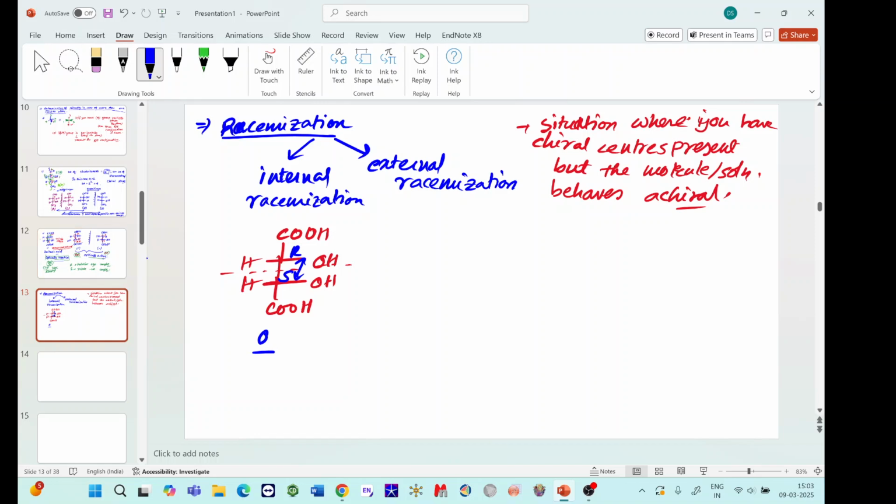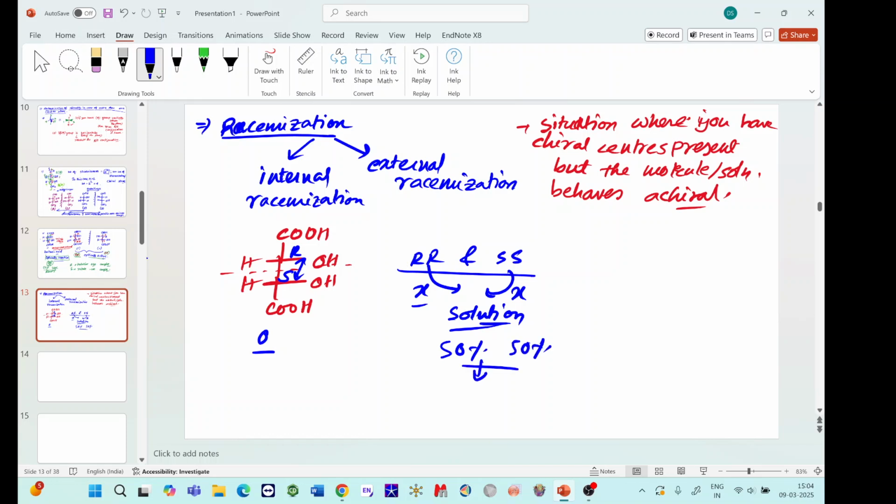And for the other one, RR and SS, if you mix both into a solution at the same concentration, say X concentration each, then in solution they will be 50 to 50. That will be external racemization.